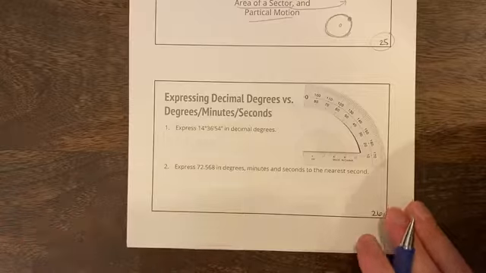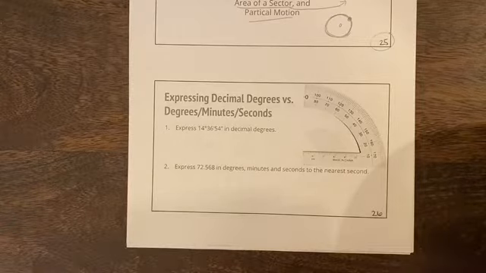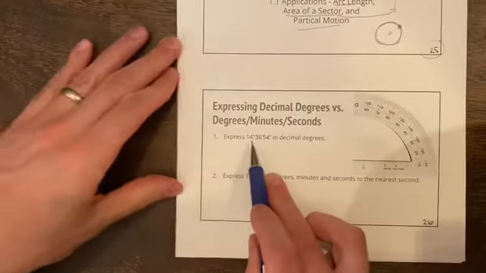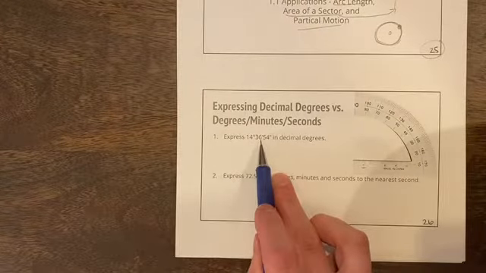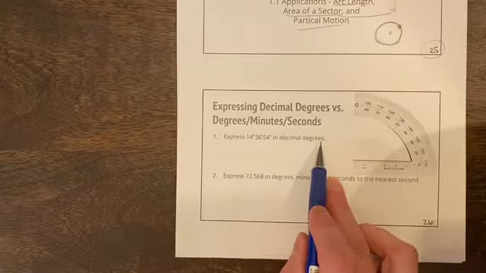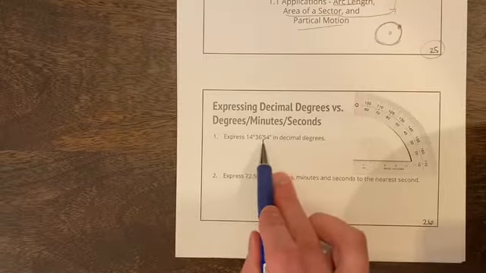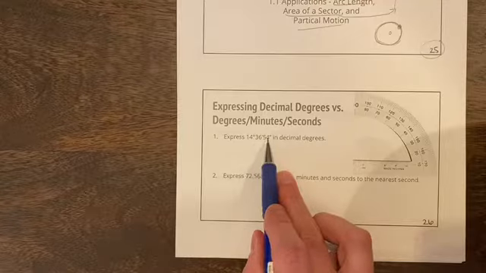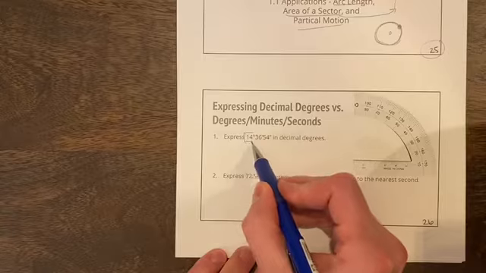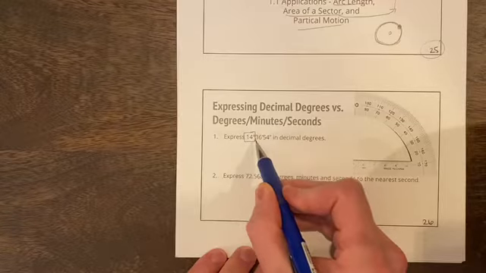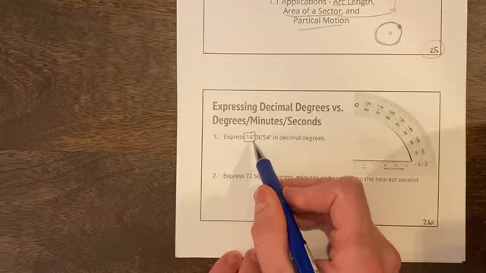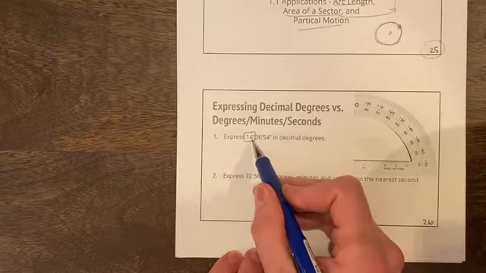So first, let's talk about expressing decimal degrees versus degrees, minutes, and seconds. So it says express 14 degrees, 36 minutes, and 54 seconds in decimal degrees. So that stuff that I just read right there might sound a little bit confusing to you. So I'm going to break it down a little bit. So 14 degrees, right? We talk about degrees, even though we haven't in a while because we've been talking about radians, is something pretty subjective, right?